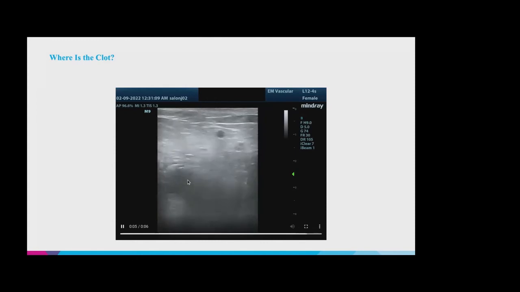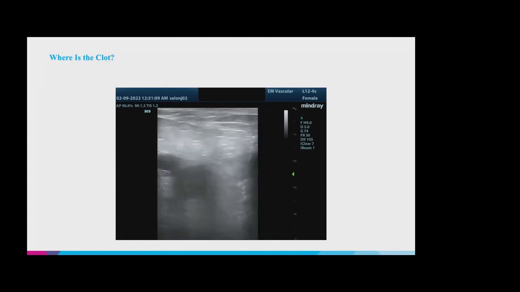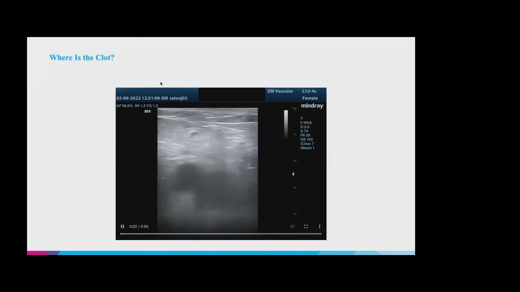Now, is this on the right or the left? Assuming appropriate technique, I would say the mark is the green thing at the right of the screen, right? Correct. The mark is where you have the, oh, so if that's the right, then I guess it'd be on the right femoral vein.